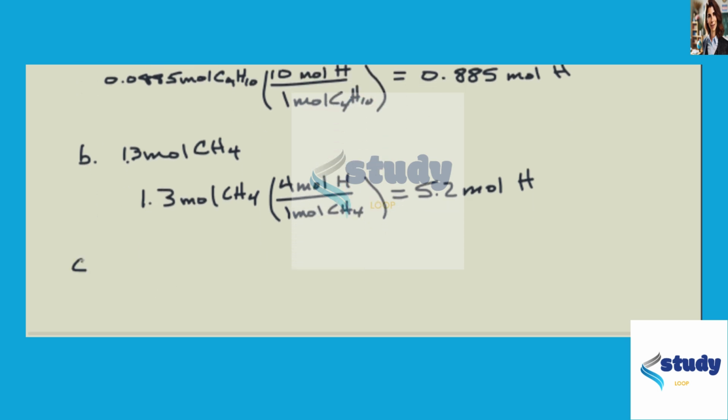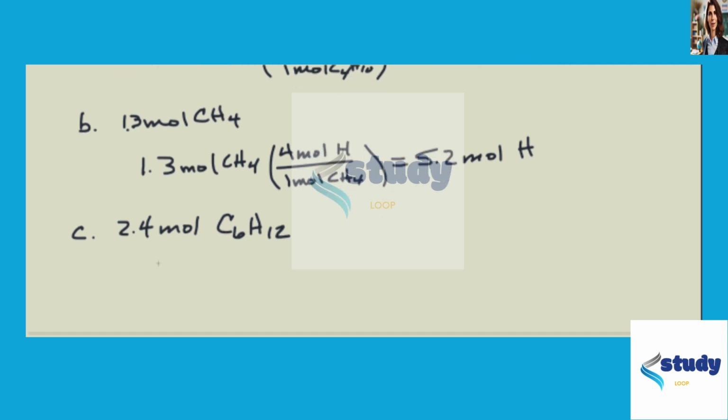We can do this for 2.4 moles of C6H12. Well, there's 12 H's, so we can take our 2.4 moles and we can say that there's 12 moles of hydrogen for every 1 mole of C6H12.